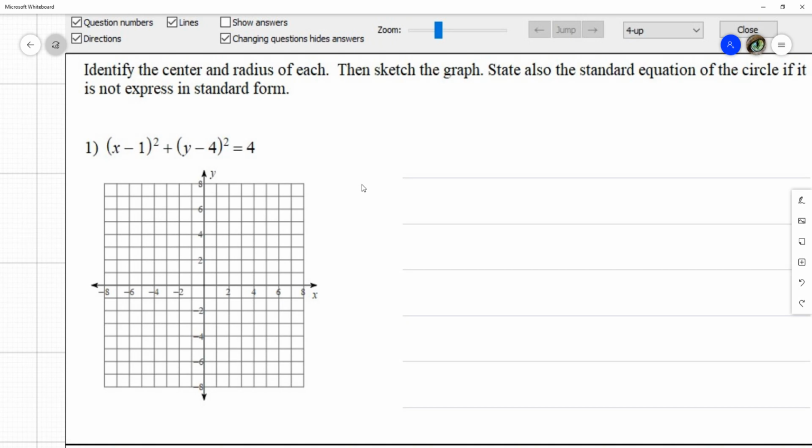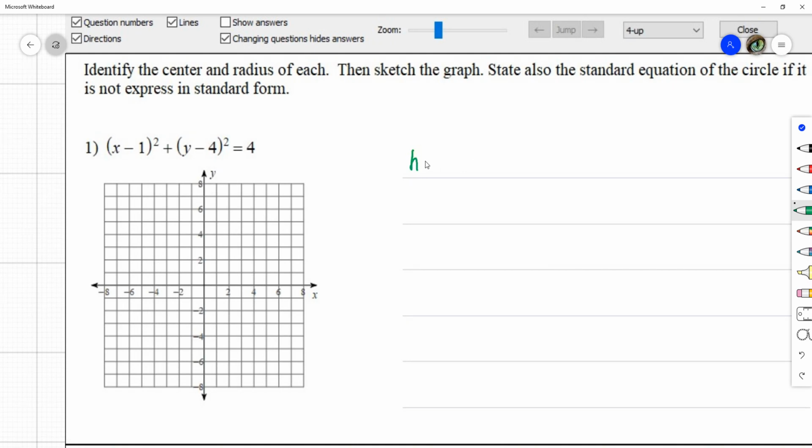In this case, for number 1, since we have this equation and it's already expressed in standard form, we are not going to express this anymore. Because it is in the standard form, we can now identify the value of our h.